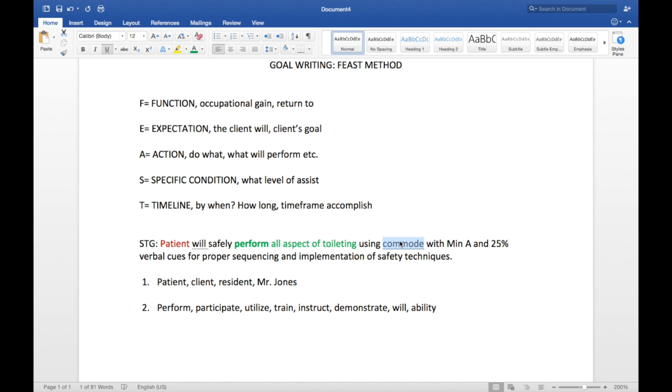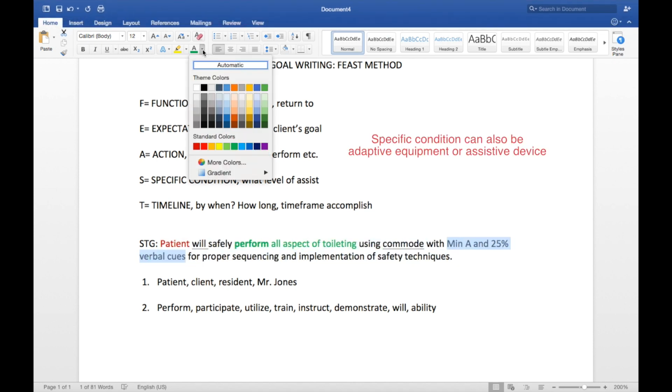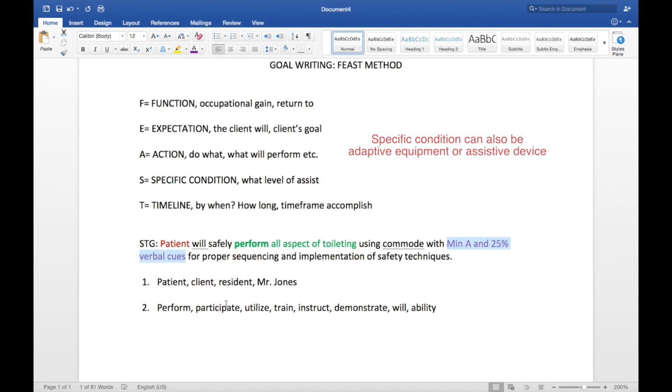Okay, so the next thing we want to look at is their specific condition, which is what level of assistance they need. So as you can see here, I'm going to highlight this here. We have min assist and 25% verbal cues. How about we make this purple so it stands out? Okay, for proper sequence and implementation of safety techniques. Now, on the computers nowadays, it has a built-in time frame where you don't necessarily have to write this.